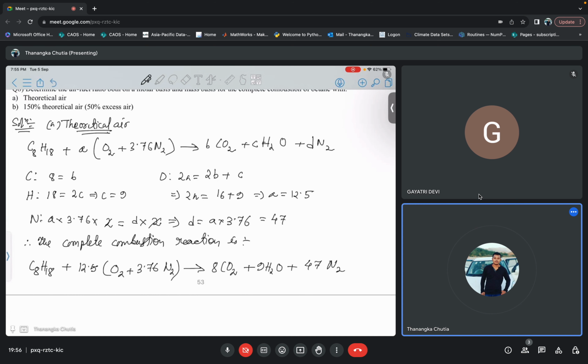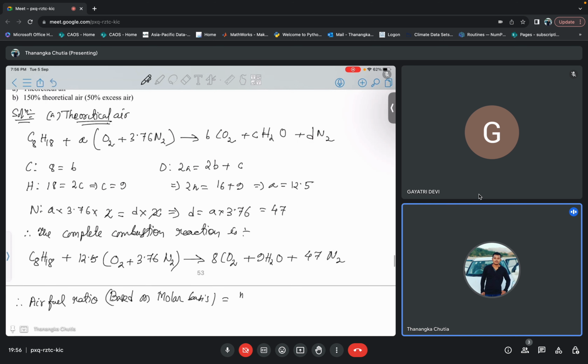Okay, therefore air fuel ratio based on molar basis will be equal to the number of moles of air divided by the number of moles of fuel.